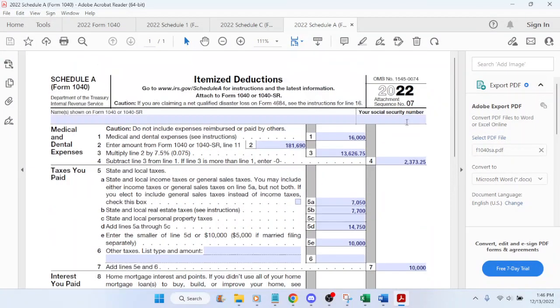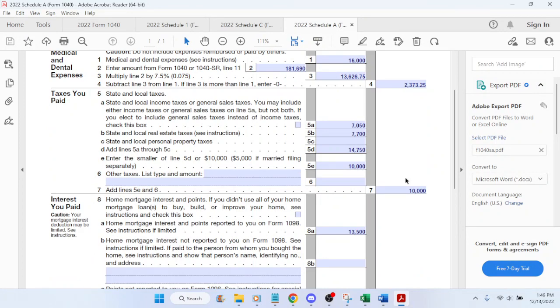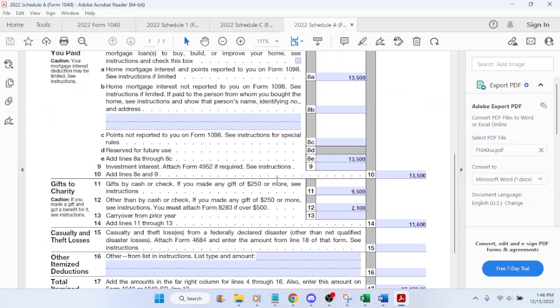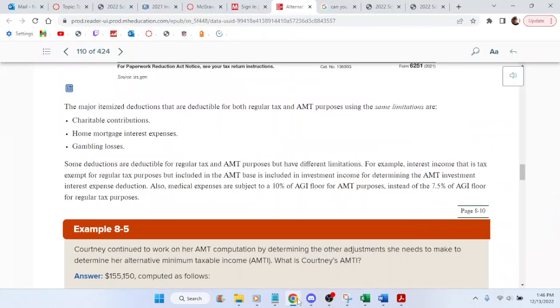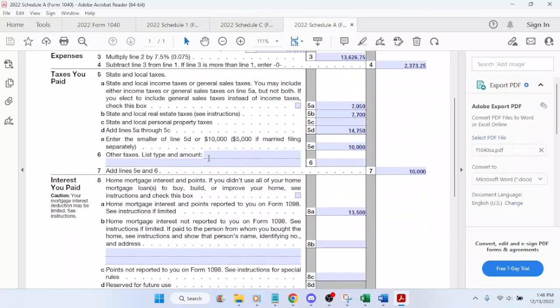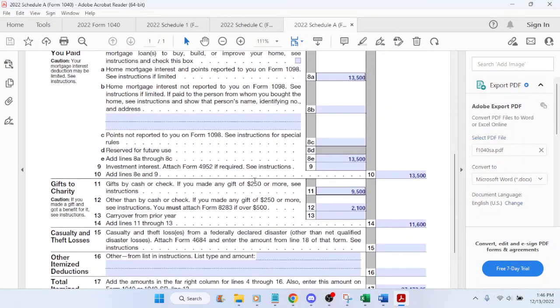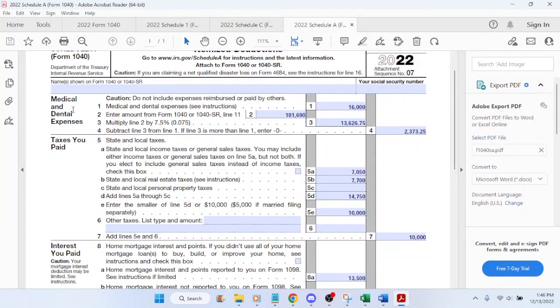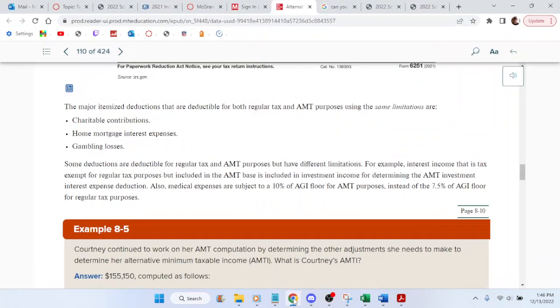So which one of these do we add back? Which of these? So, charitable contributions we do not add back. Home and mortgage expense, we do not add interest back. So now there's only 2 options, medical and taxes. I think we have to add the taxes back.